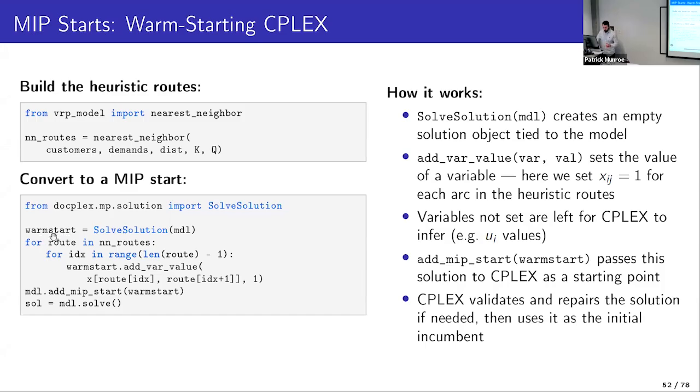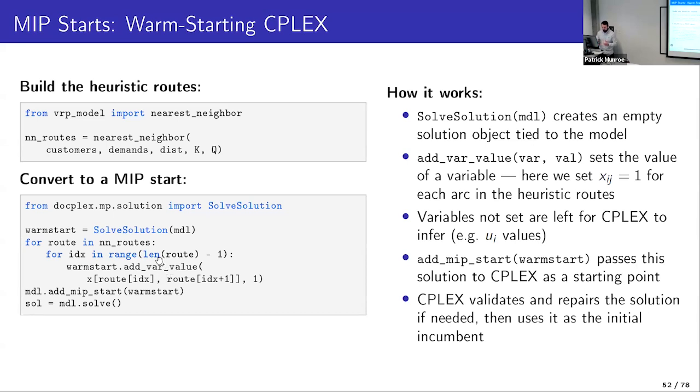So what we have to do is import from docplex.mp.solution an empty solution, which is the class SolveSolution. And then we create this empty solution that we can call warm start, for example. And to this warm start, we will specify the values that we want to fix.